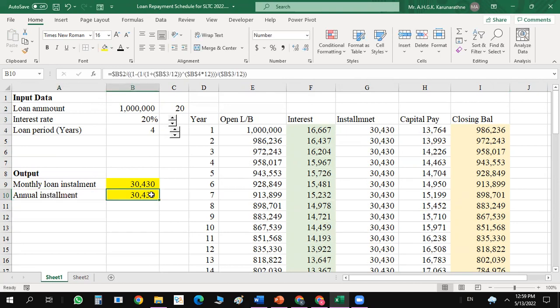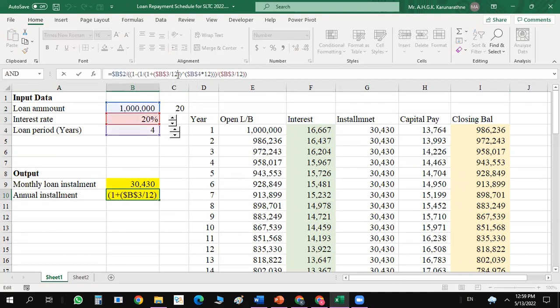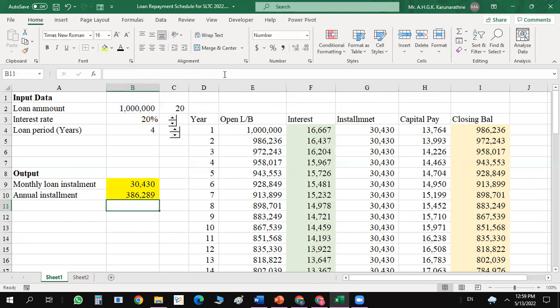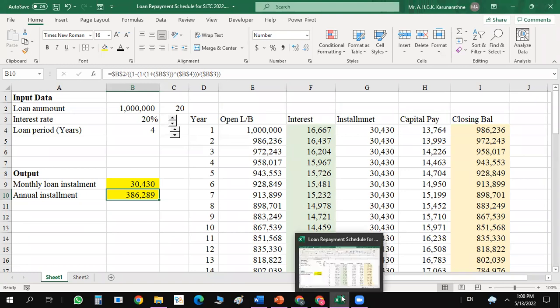Annual installment now. Remove the divided figures and the multiplied figures. Just enter. You can see it is 386,289. There's a slight difference here.